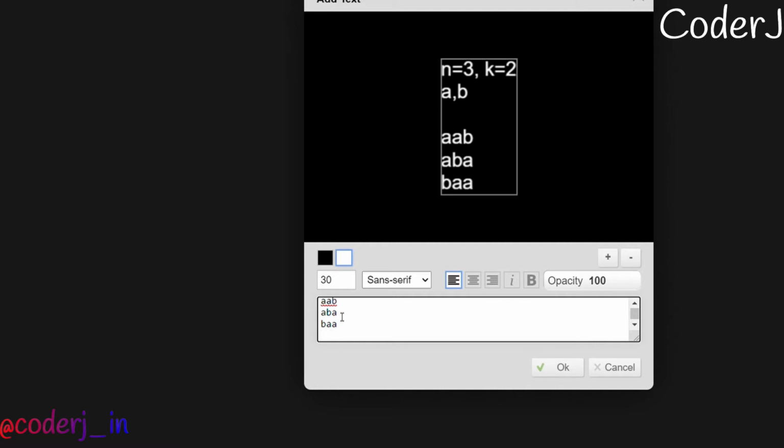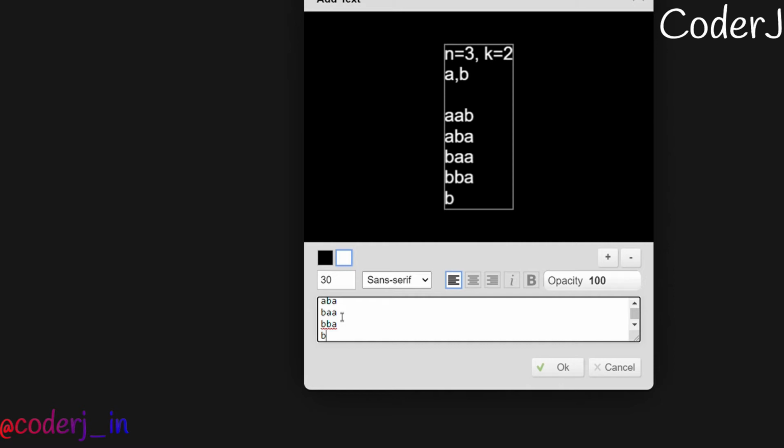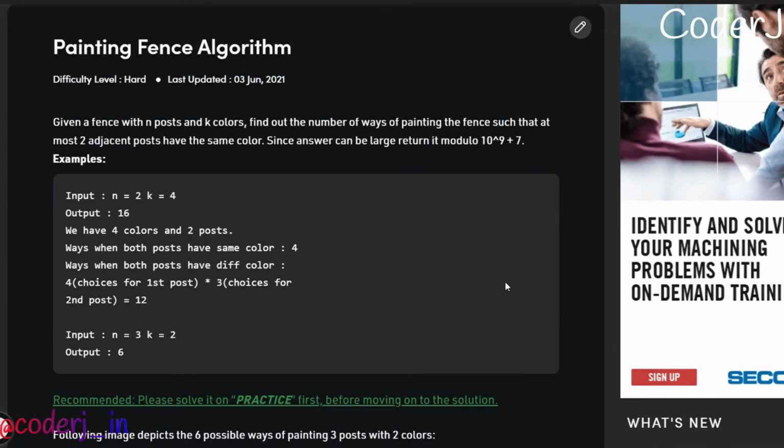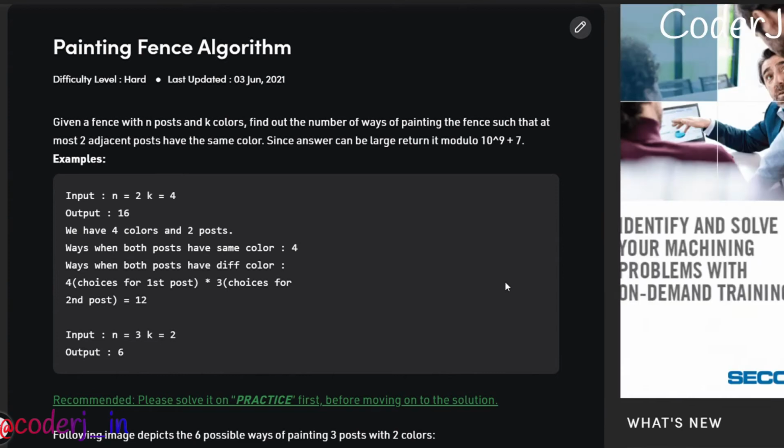B, A, A. Is there anything else? We only have triple A and triple B, but that is wrong. So basically these are the six cases that we can have: AAB, ABA, ABB, BBA, BAB, and BAA. So for this question, when n is 3 and k equals 2, our answer will be 6.